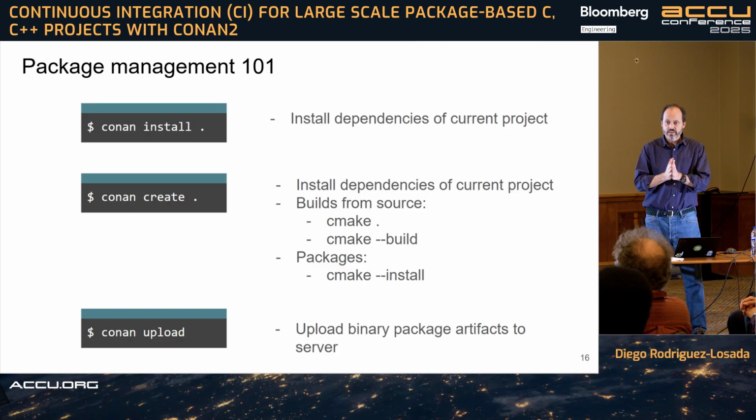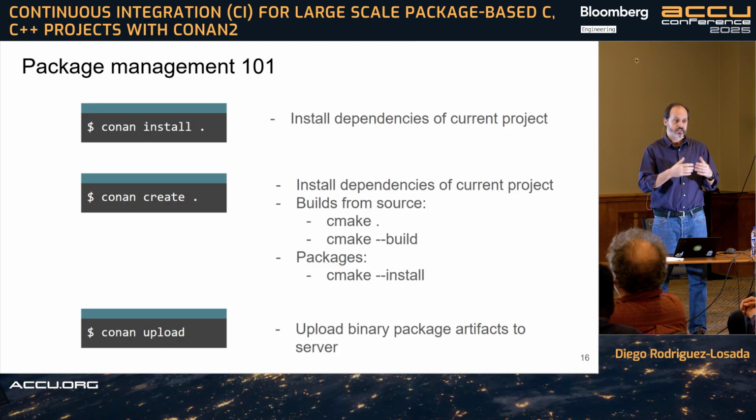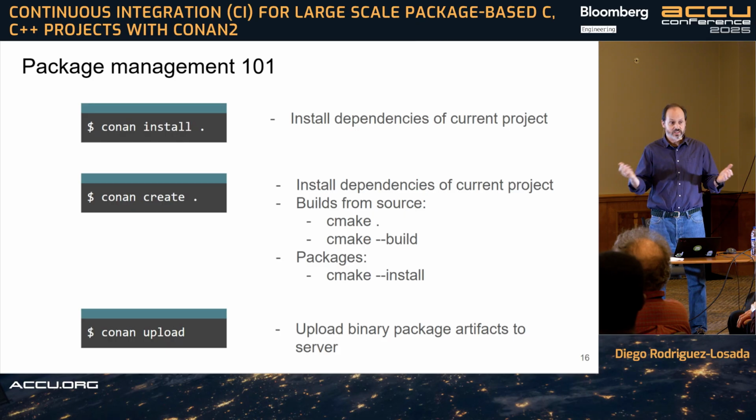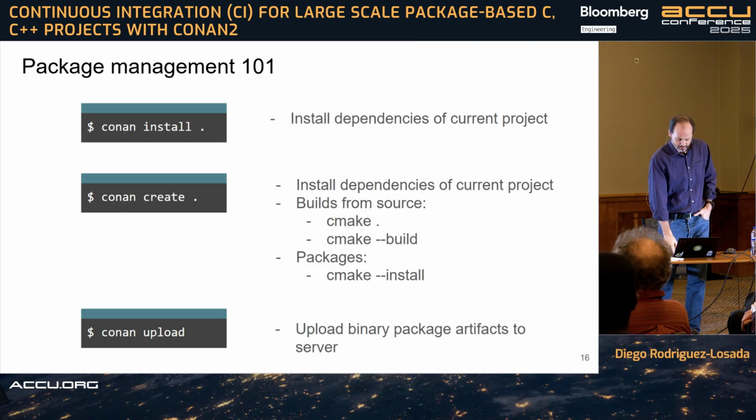Once the developer has finished doing the changes, they need to create a new version, a new release of the packages that contains the change they did. That will be a package creation, that's a Conan create. And finally, if the developer wants to make those packages available to their colleagues or to the CI jobs for them to work, that will be a Conan upload to get the packages from your machine, put them in the server, and make them available.